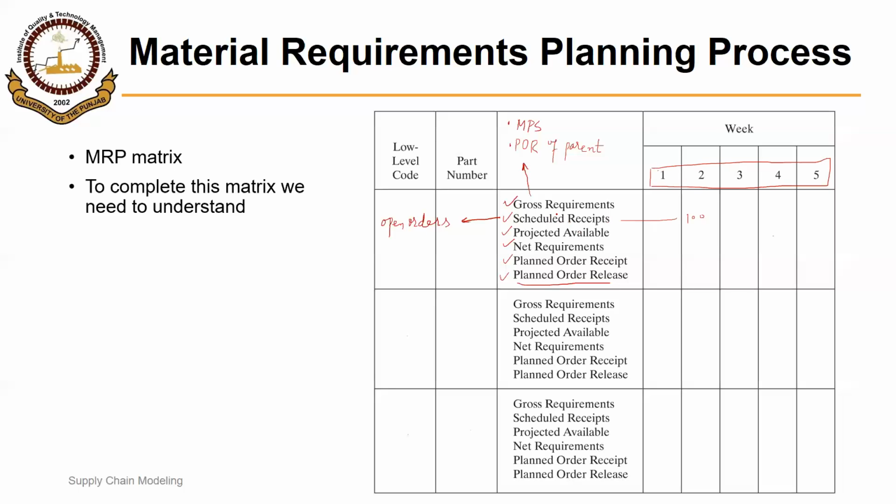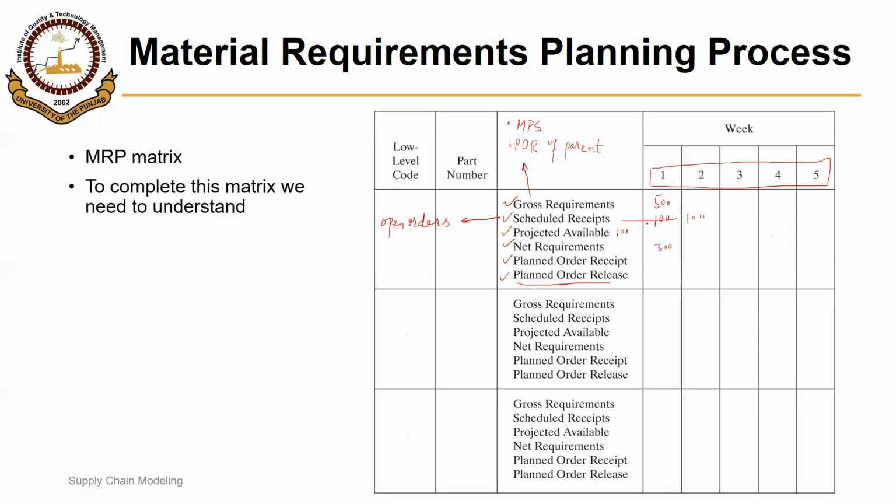Net requirements are the difference of gross requirements and scheduled receipts and projected available balance. So for example, if we have gross requirements of, say, 500 in period 1, and we have, say, scheduled receipts of 100 in period 1, and we have a projected available of 100 in period 0, our net requirements will actually be 300.